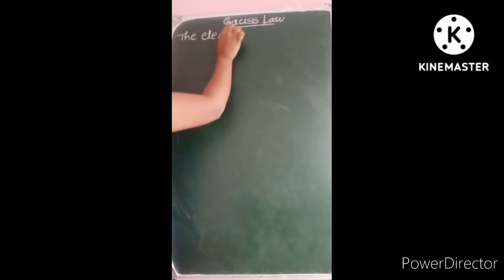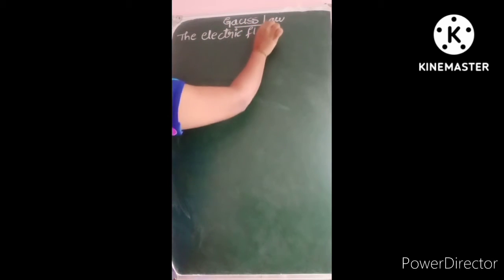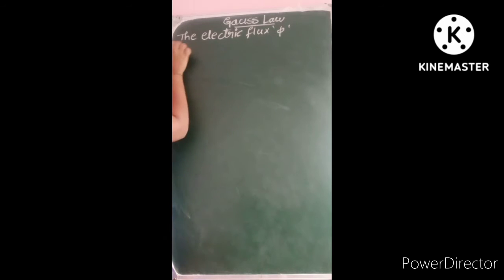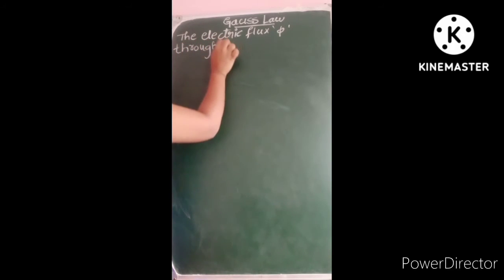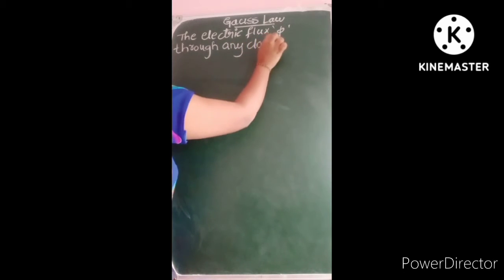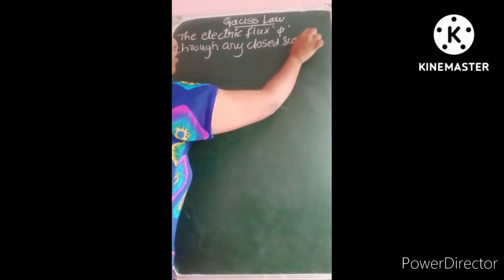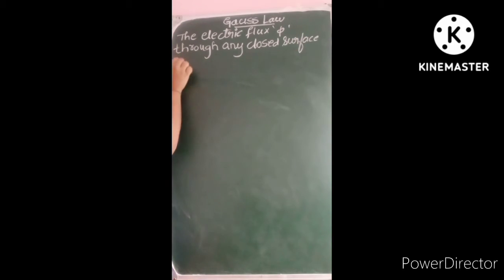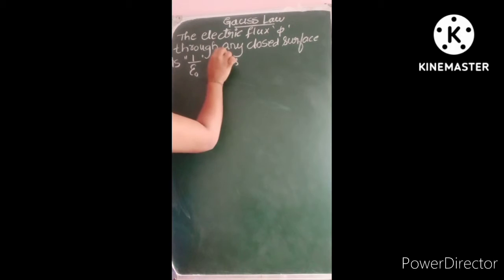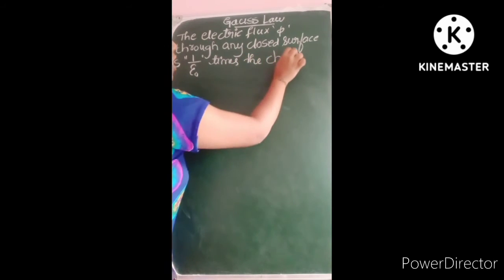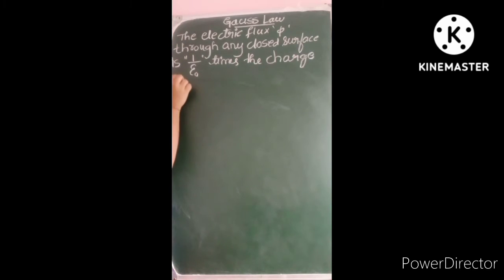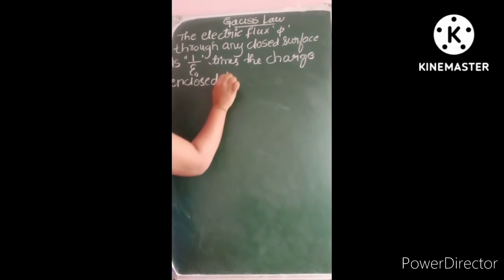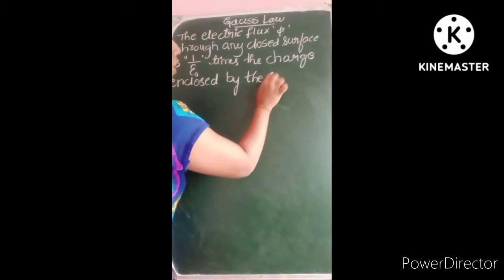Okay, coming to the Gauss law. Gauss law states that the electric flux phi through any closed surface is 1 by epsilon naught times the charge enclosed by the surface.